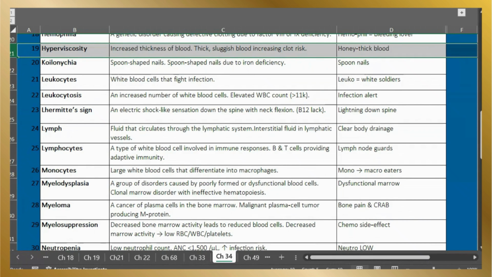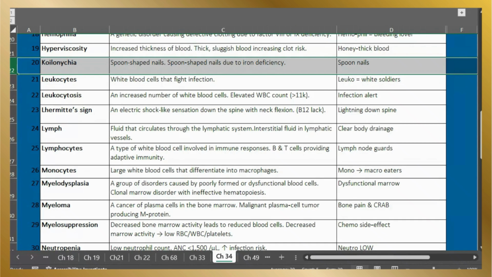So now we are at term 20. Koilonychia. So it's spoon-shaped nails due to iron deficiency. This is a key term that you might see in the NCLEX or quizzes: this patient comes, and during the assessment the nurse observes and then says this keyword, and if you don't know it, then you might think it's an anemia, but you don't know which one.